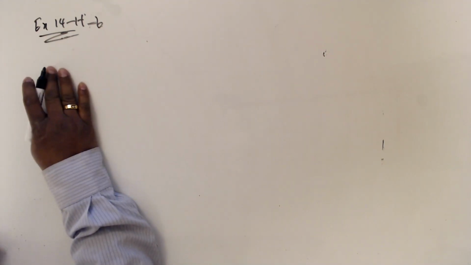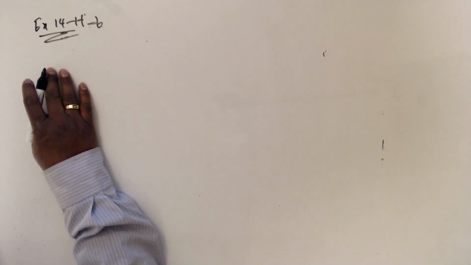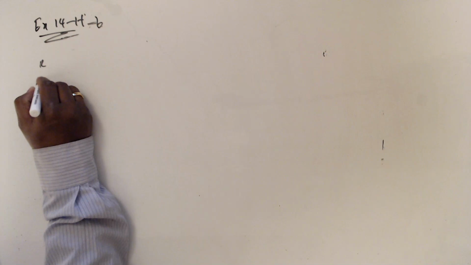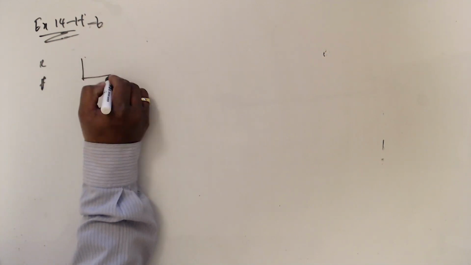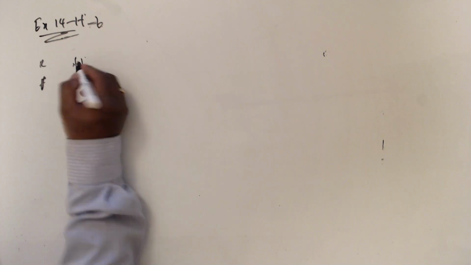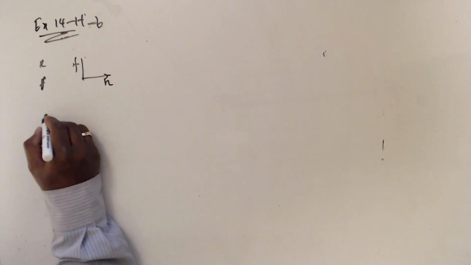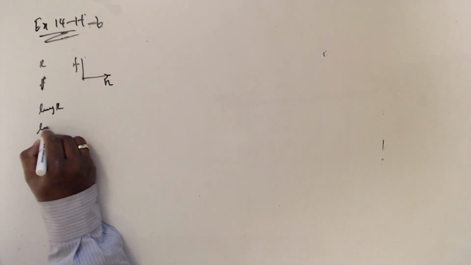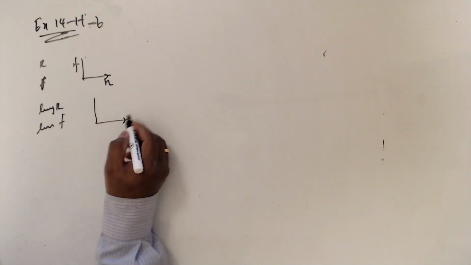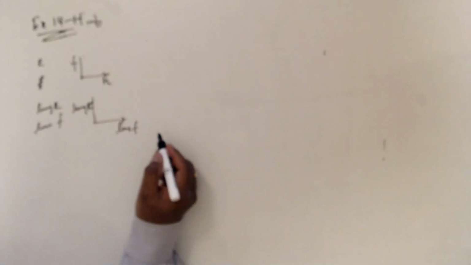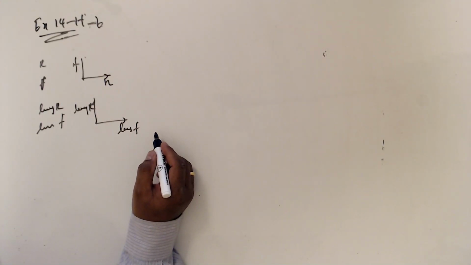Question number 6. Can you guess the question without reading it? Without reading, I'm taking R and F. So I know this is going to be an R and F story. Then the other one is log R and log F. Then I realize log F is independent, log R is dependent, and I can see the empty table in part 3.